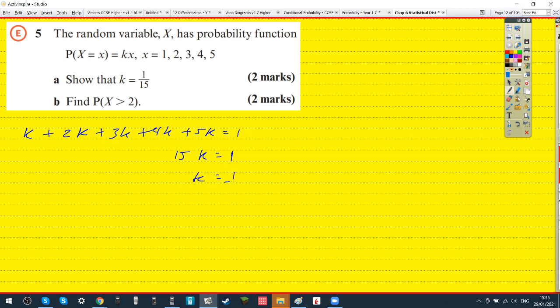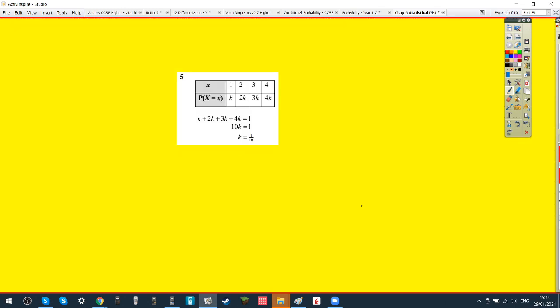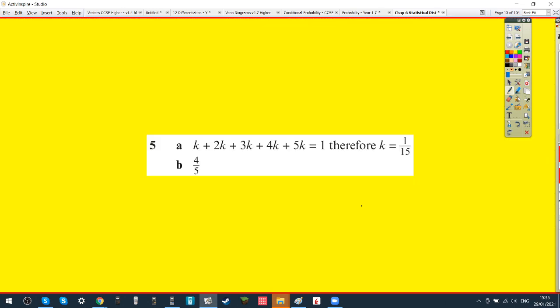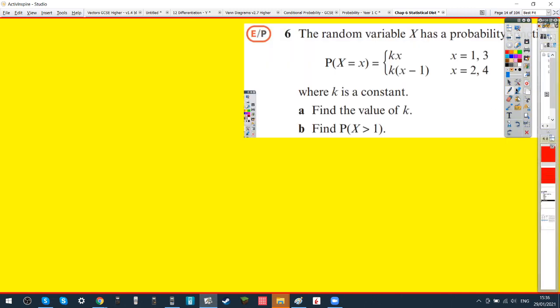So we're just going to do 3 over 15 plus 4 over 15 plus 5 over 15. Yep. And that is 4 over 5. So it must be 12 over 15. Oops. 4 over 5. Great. Very good. Okay.